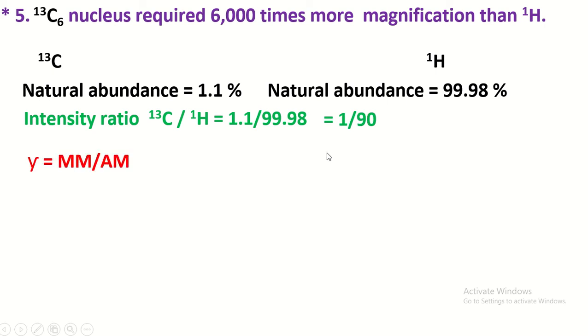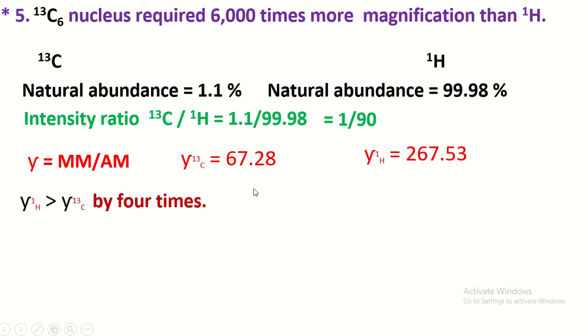Now, the magnification also depends on the gyromagnetic ratio. Gyromagnetic ratio means magnetic moment upon angular momentum. The gyromagnetic ratio for carbon-13 is 67.28 and for 1H it is 267.53. Therefore, the gyromagnetic ratio of 1H is more than carbon-13 by 4 times. Hence, the gyromagnetic ratio of carbon-13 to that of 1H NMR equals 1 by 4.